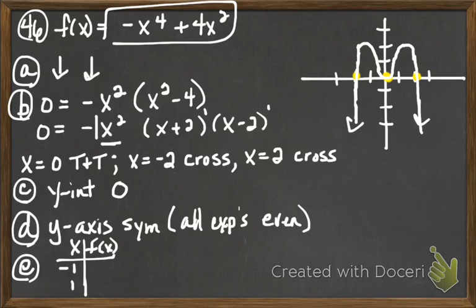If you're using your calculator, you're going to do negative parentheses 1 to the 4th plus 4 times 1 squared, or you might even be able to do that one in your head. It's amazing how we mess up on our calculator when we could do something in our head. So what are y'all getting there? Y'all scared to say it? 3. So you could have done -1 or +1. It doesn't matter. Both of those should be 3.